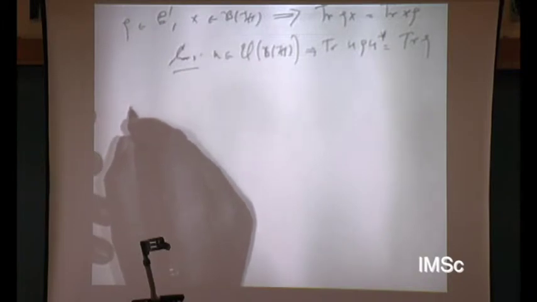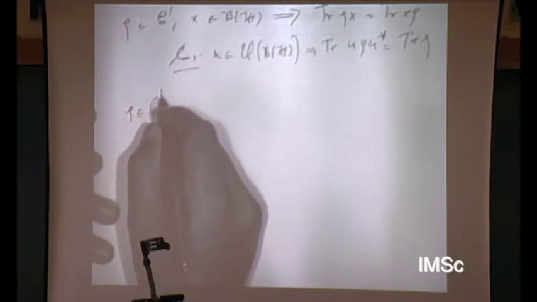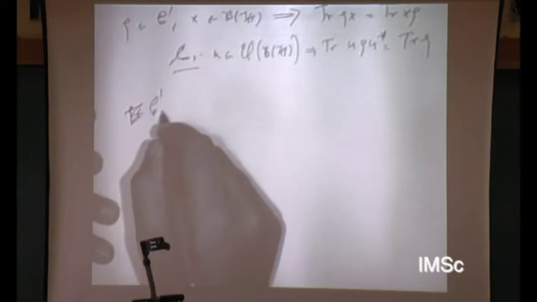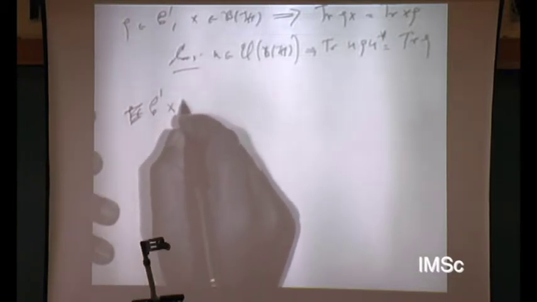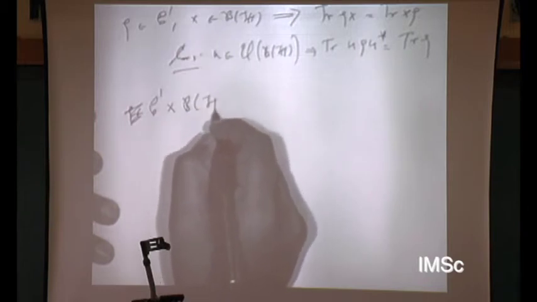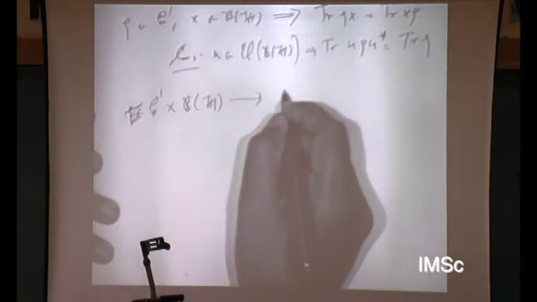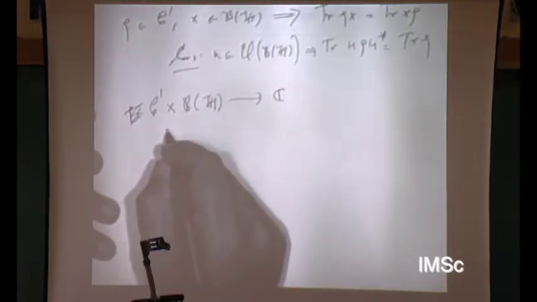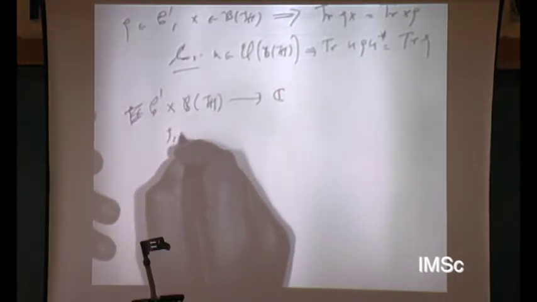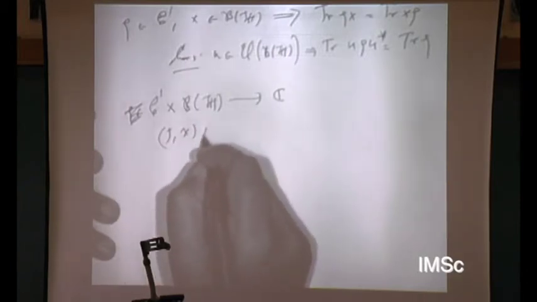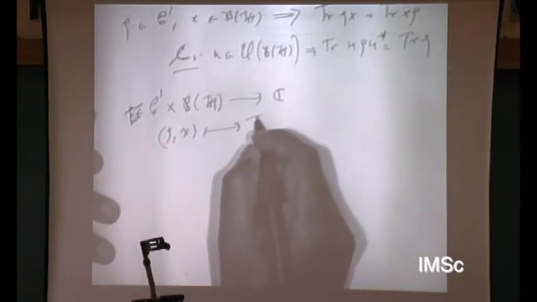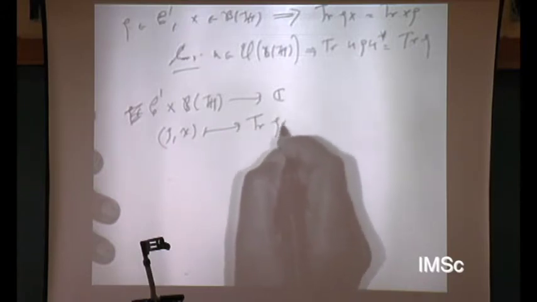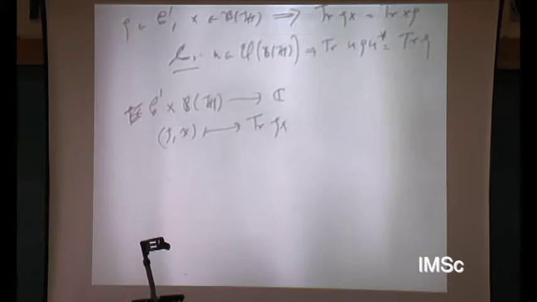If you take a rho in C1, or let me put it this way, C1 cross B(H) to C, we have a pairing.